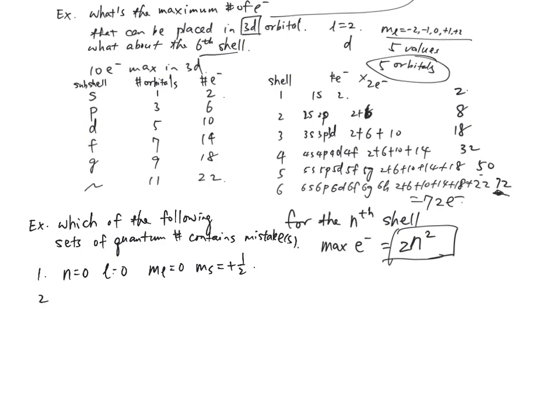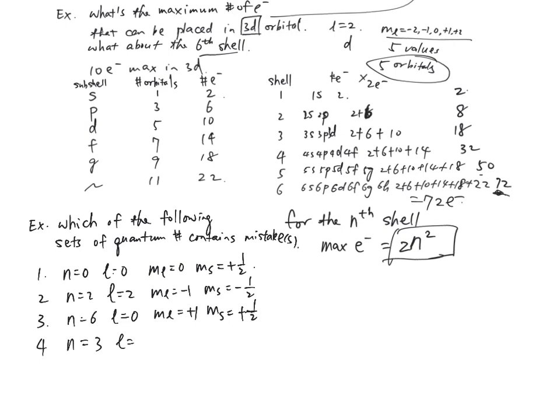Number 2: n equal to 2, L equal to 2, ML equal to -1, ms equal to -1/2. Number 3: n equal to 6, L equal to 0, ML equal to plus 1, ms equal to plus 1/2. Number 4: n equal to 3, L equal to 2, ML equal to 0, ms equal to 0.